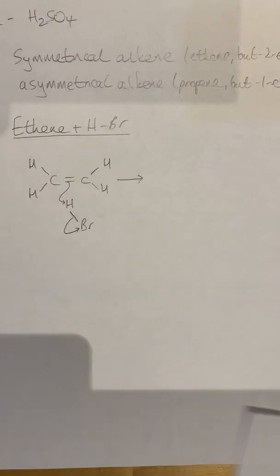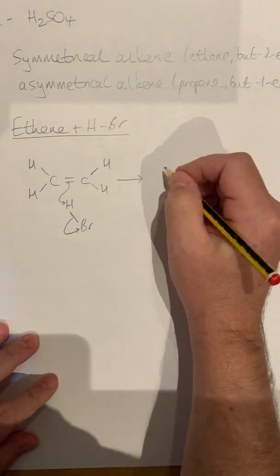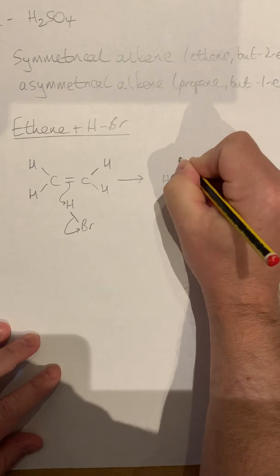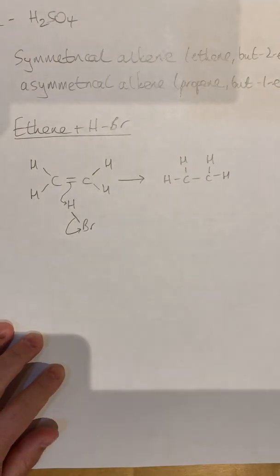If you've got a symmetric alkene, so let's just break that carbon to carbon double bond, turn it into a single, flatten the 2 H's.